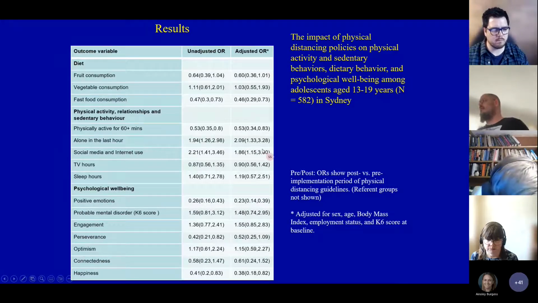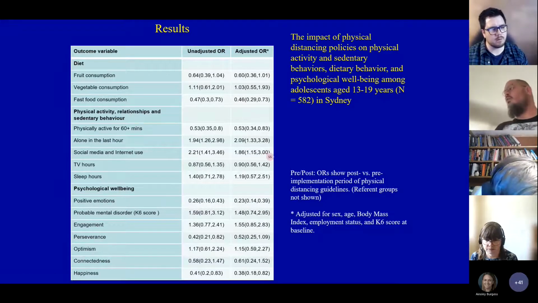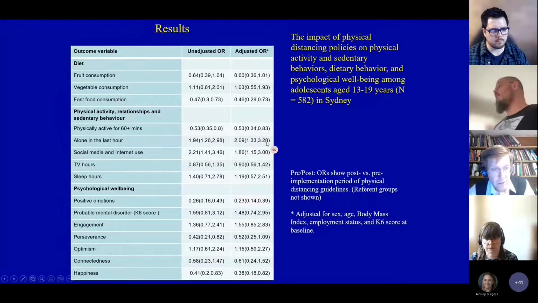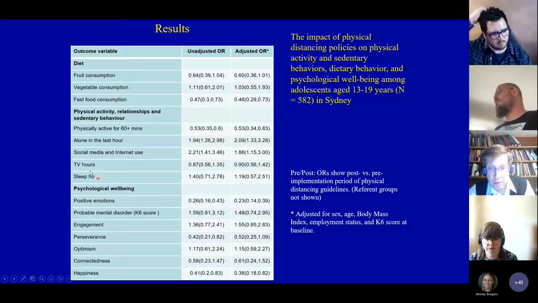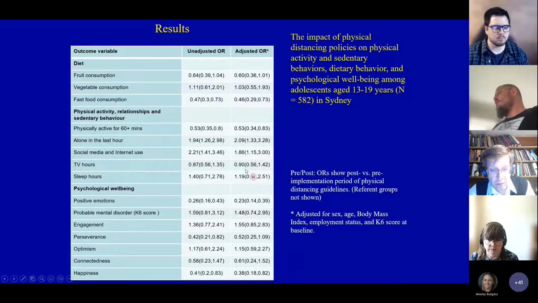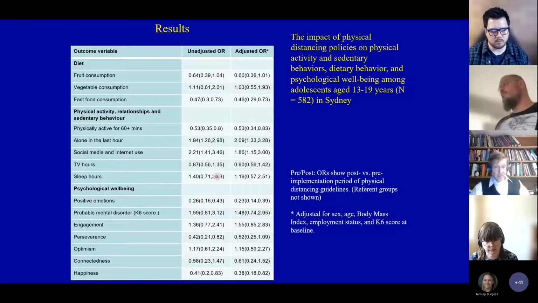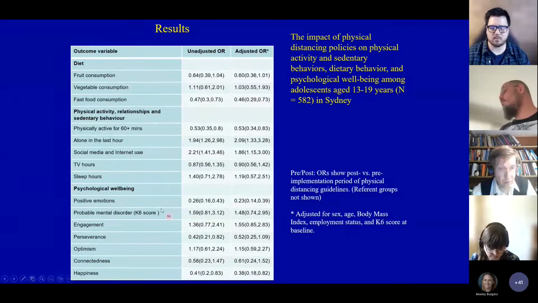They had this question, who were you with in the last hour? The chance of being alone is twice as before COVID. There was also an increase in the time spent on social media and internet use, the screen time went up, and positive emotions like happiness were all going down.